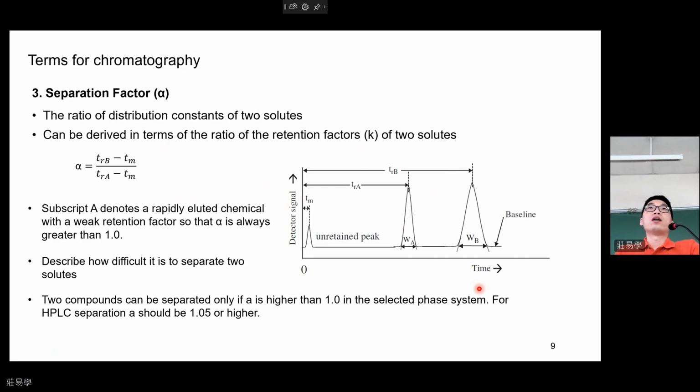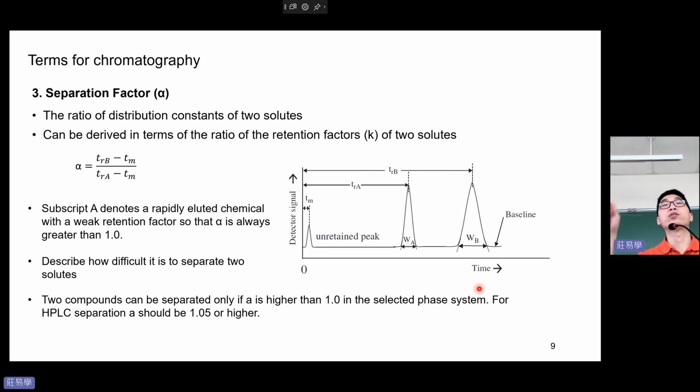So the third factor and the fourth factor are semi-relevant, pretty similar to each other. The third factor I'll be talking about is the separation factor. From the wording, the separation factor is related to the efficiency of your column to separate two peaks.